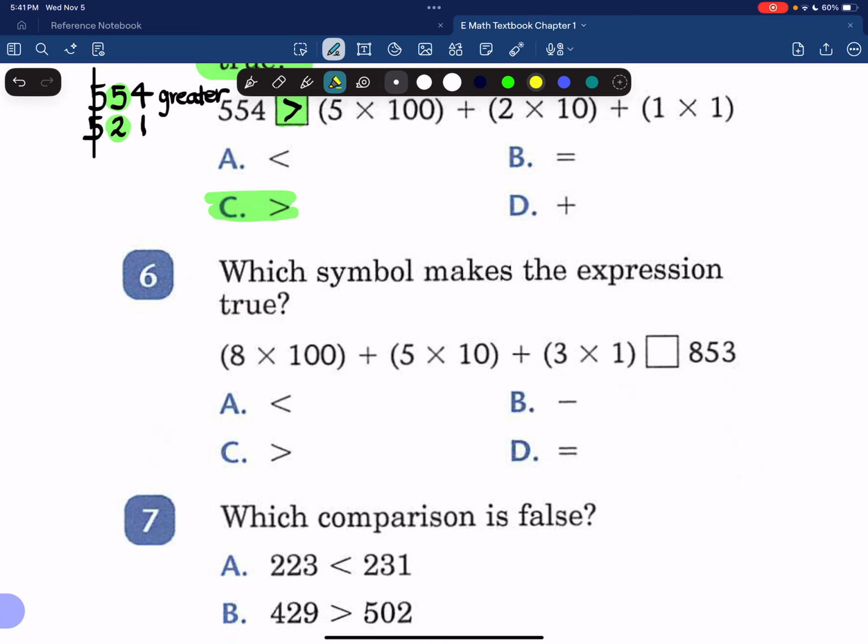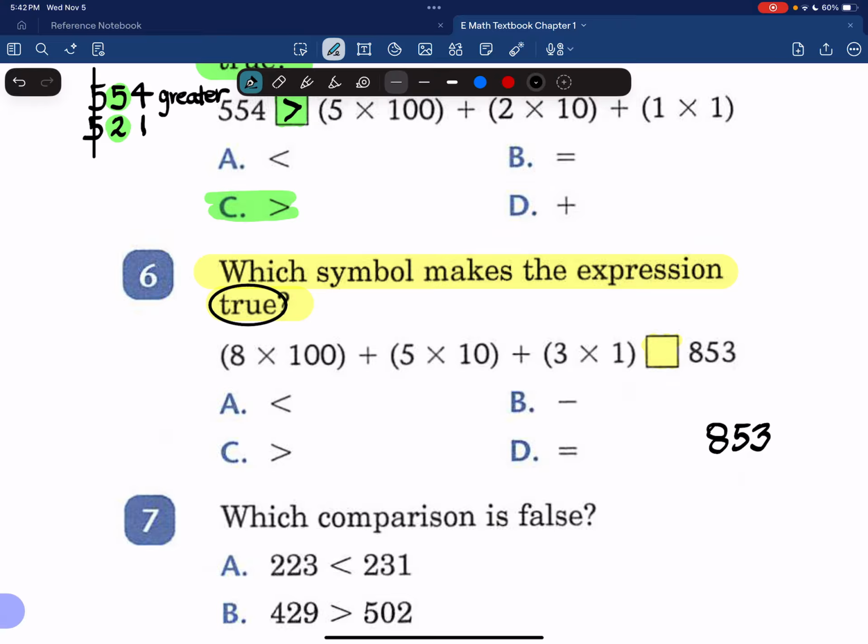Number 6. Which symbol makes the expression true? Here's the key word. We got to find the true one. Again, I would look for the box. Make sure you know where it is. And this time we know the second number. We know the 853.